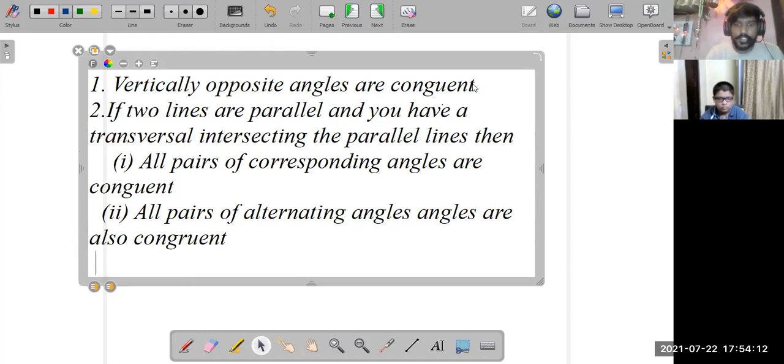And third point, interior angles are what? Can you tell me? Interior angles are?